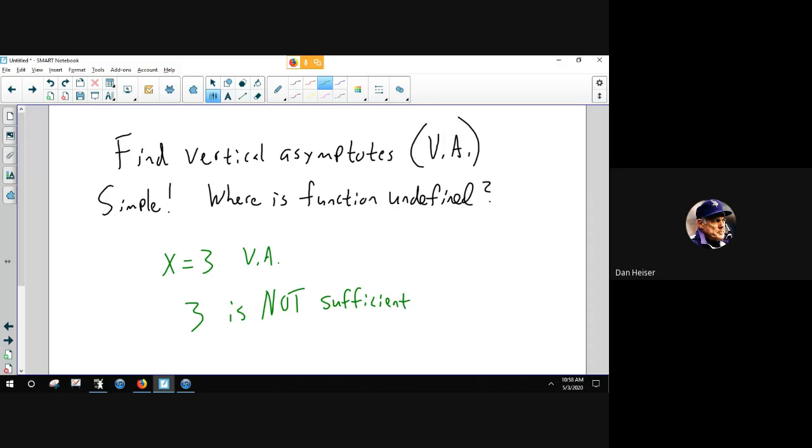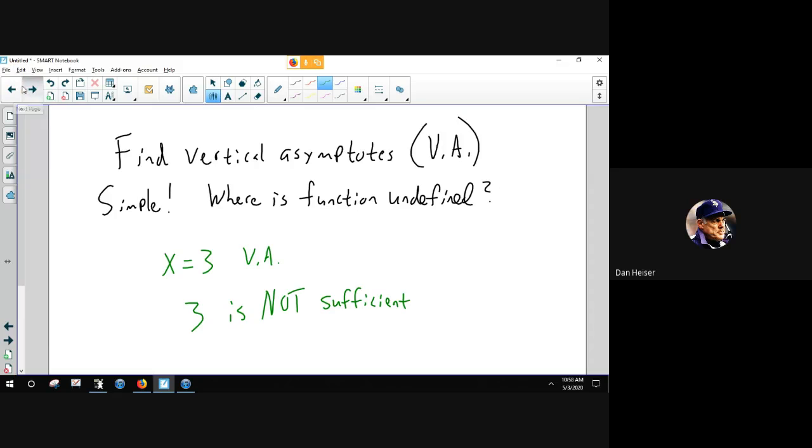It's not a line. An asymptote is a line. So you must write it as the equation of a line. Just saying 3 or 7, no, it must be x equals. The equation of a vertical line is x equals some number. So when you're writing these, make sure you remember to do that.